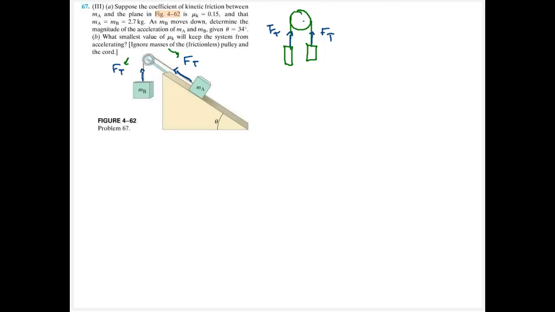The pulley merely redirects it. Also in this system, these 2 masses are connected by the string, so the acceleration is going to be the same for both mass A and mass B. So let me jump right to it and start drawing my free body diagrams.